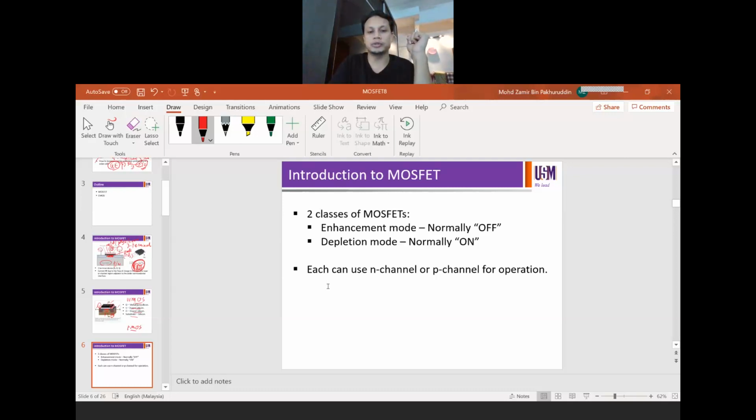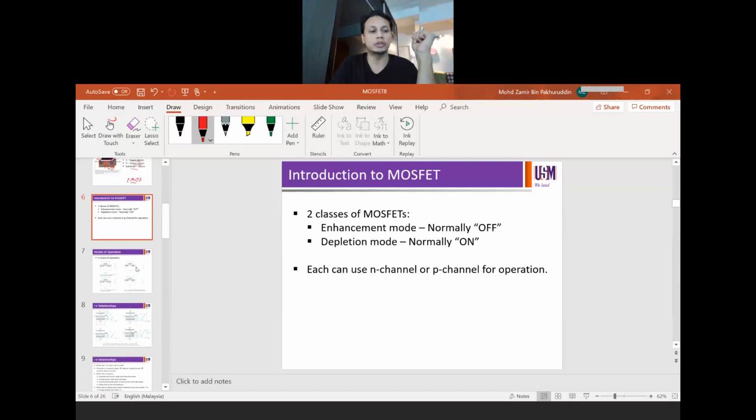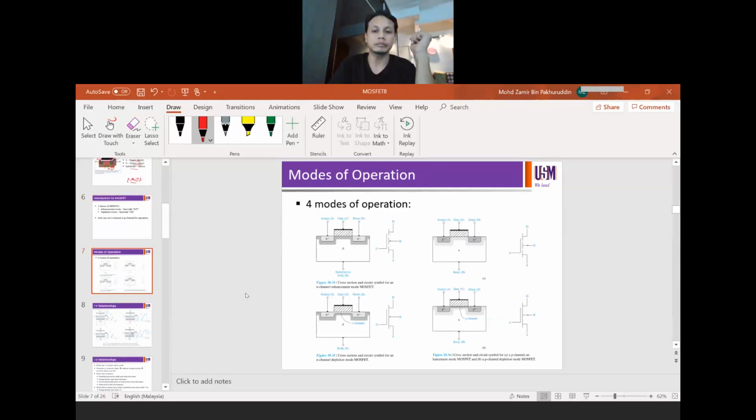Each can be used as N channel or P channel for operation. So you will have N channel enhancement mode, N channel depletion mode, P channel enhancement mode, and P channel depletion mode. So we're going to have all 4 modes altogether. You can see the summary here, 4 modes of operation. On the left hand side, the top one is N channel enhancement mode.